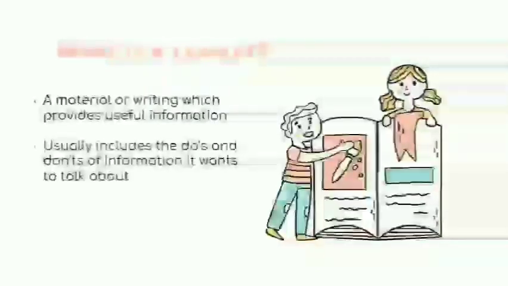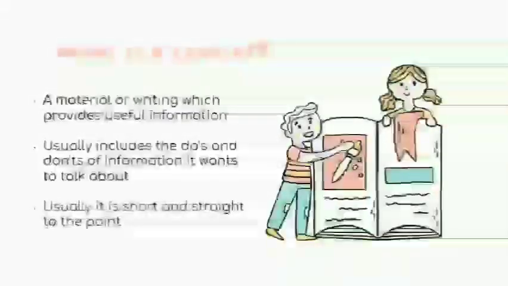It usually includes the do's and don'ts of the information that you want to talk about, usually the topic. And then it is usually short and straight to the point. So a leaflet does not need paragraphs of information. You just need to have some points which are short but clear and straight to the point.